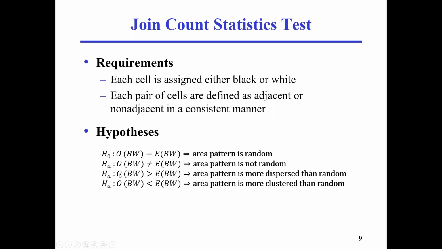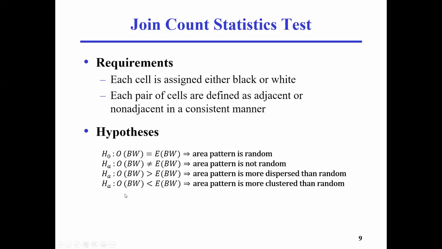If the observed number is larger than the expected number, which means there are a lot of BW joins, more than expected, then we say this pattern is more dispersed than random. Different cells are dispersed at different positions on this board.